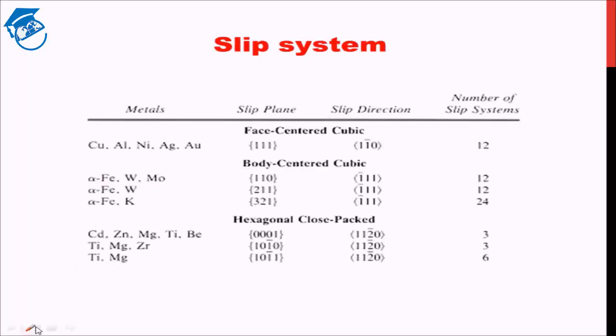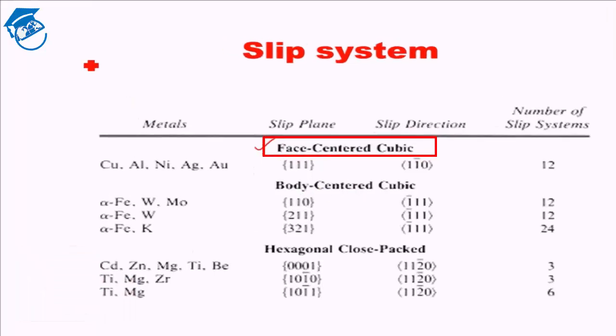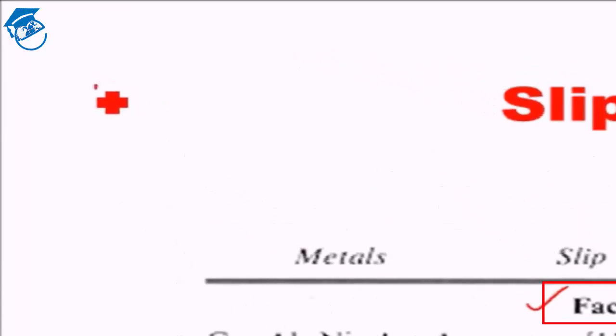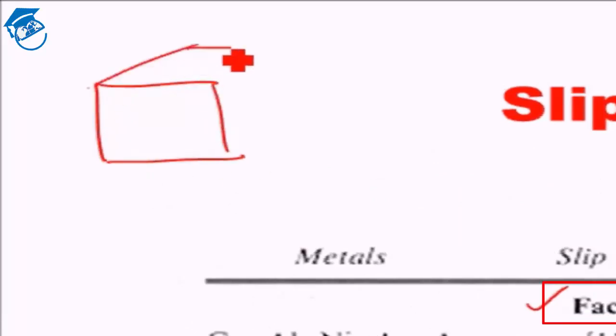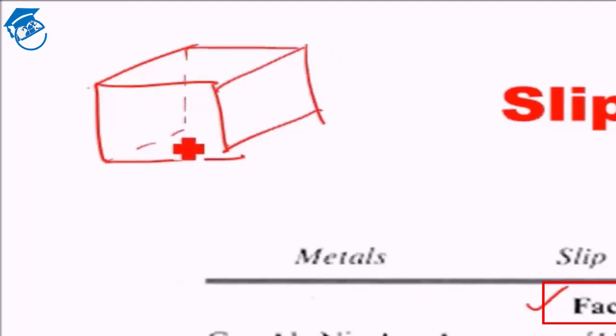To begin with, let's see the face centered cubic system. Just to remind you, the face centered cubic has atoms at the corners and at the face centers.